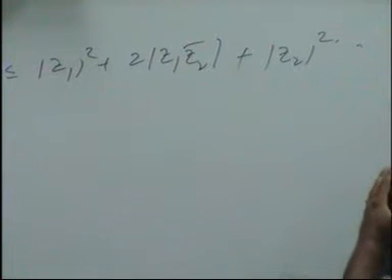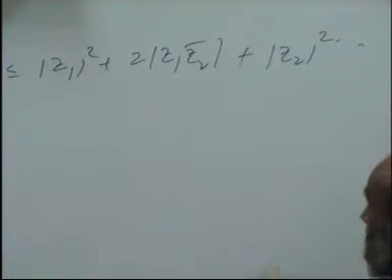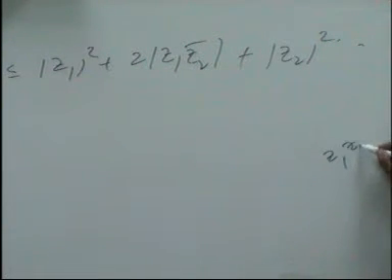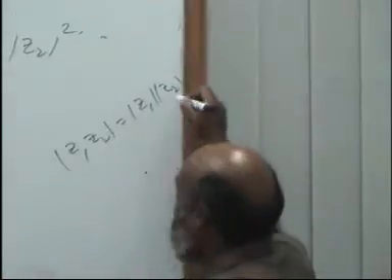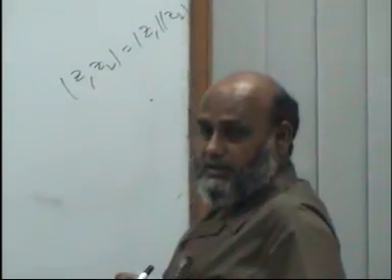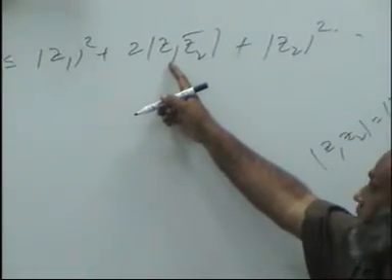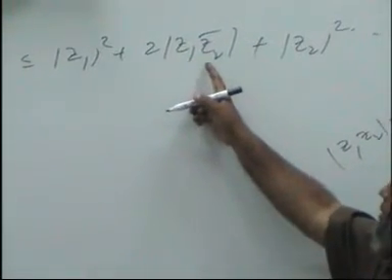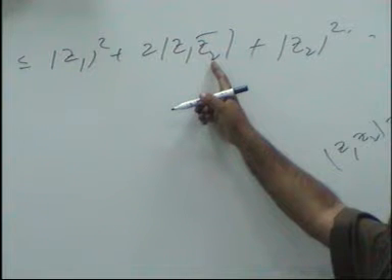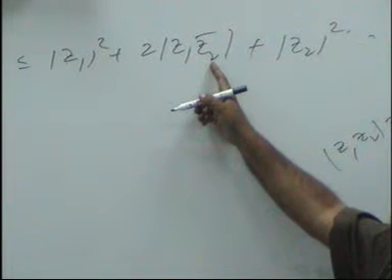Another thing is that the absolute value of z1 z2 conjugate is the same as the absolute value of the product. So we can separate these two, the absolute value of z1 and the absolute value of z2 conjugate. It will not change the result.